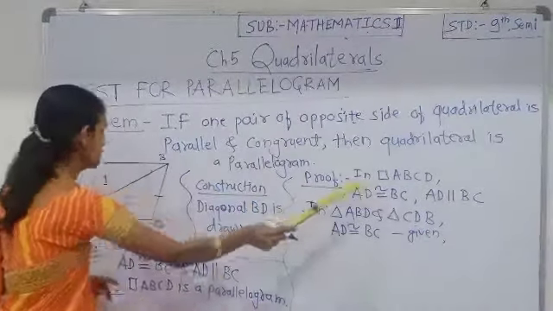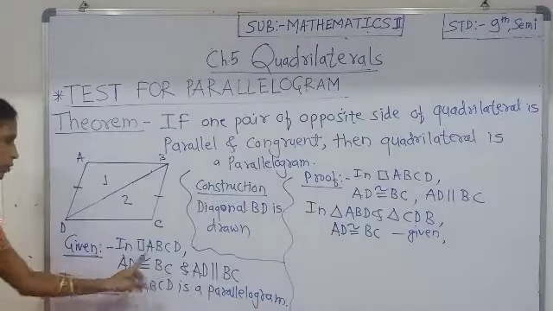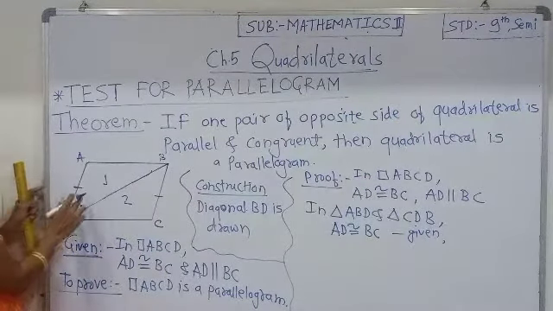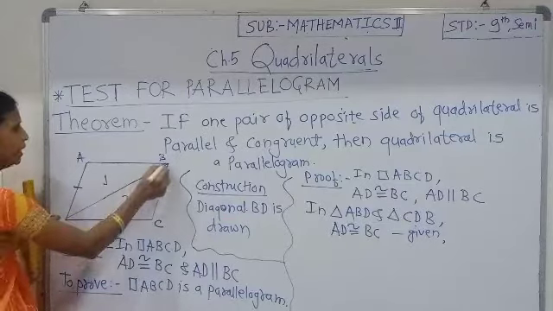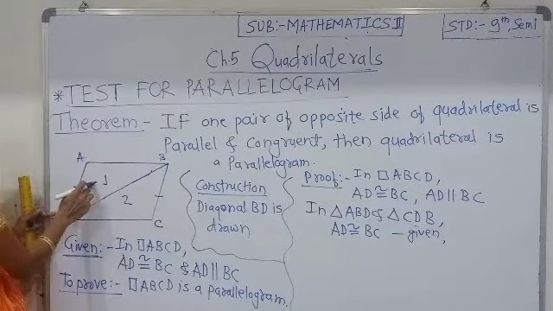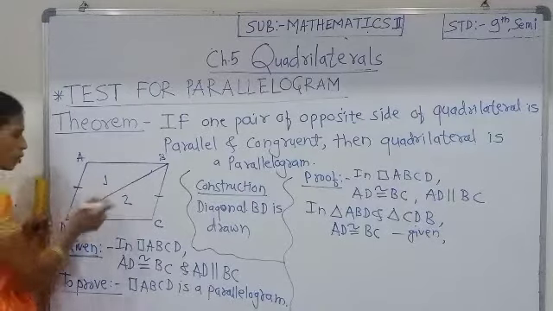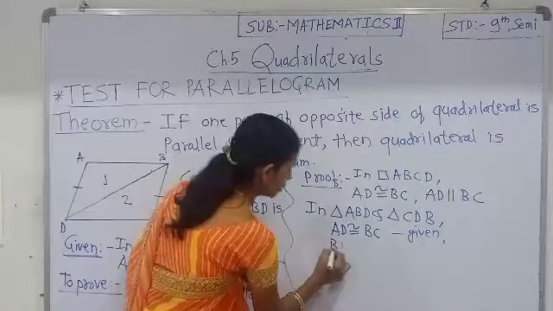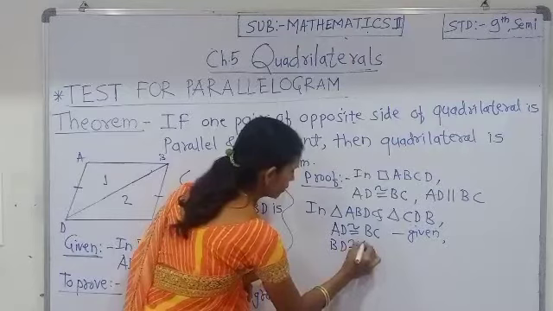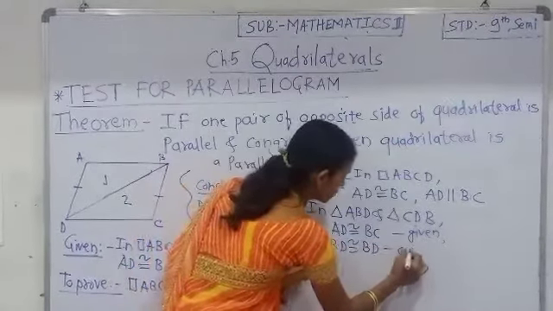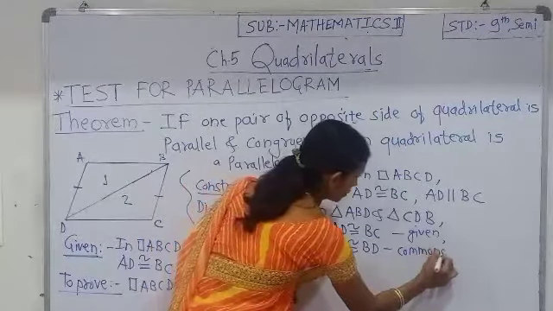Then BD of this triangle and BD of this triangle is a common side. Therefore, BD congruent BD, common side.